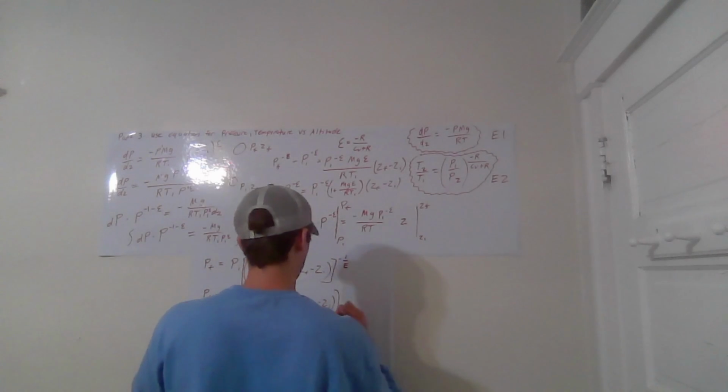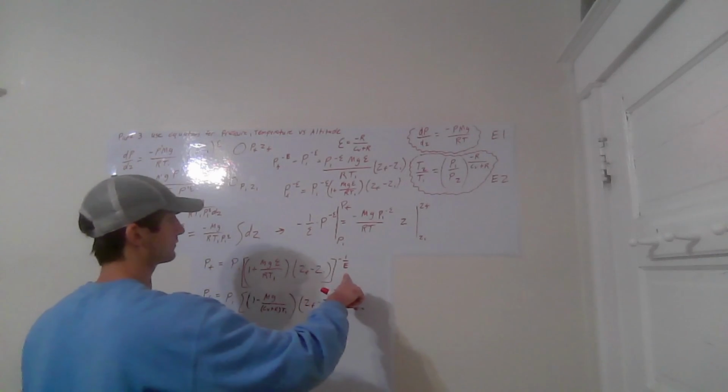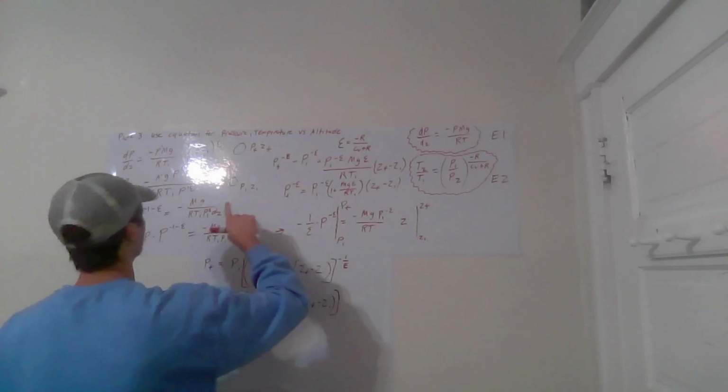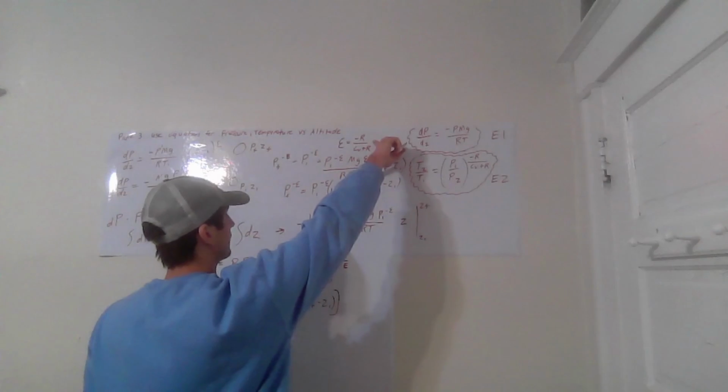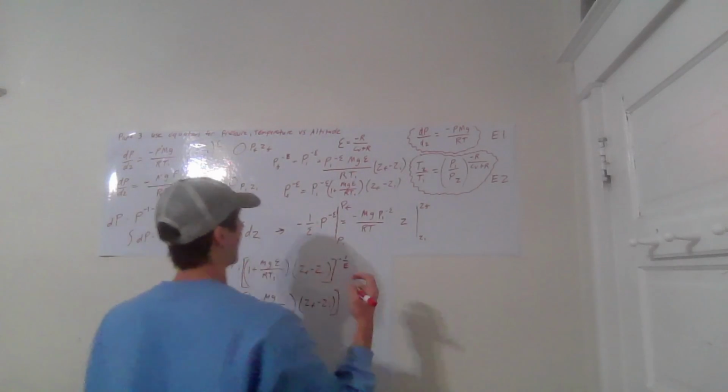And because we have this -1 over epsilon, our epsilon, which is up here, is going to turn into positive, and then we're going to flip over the fraction.